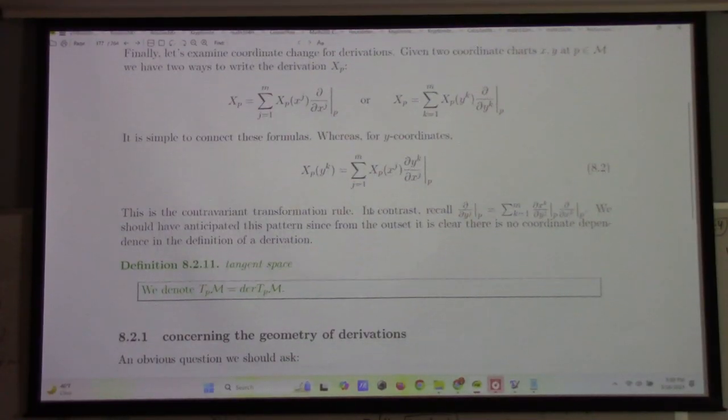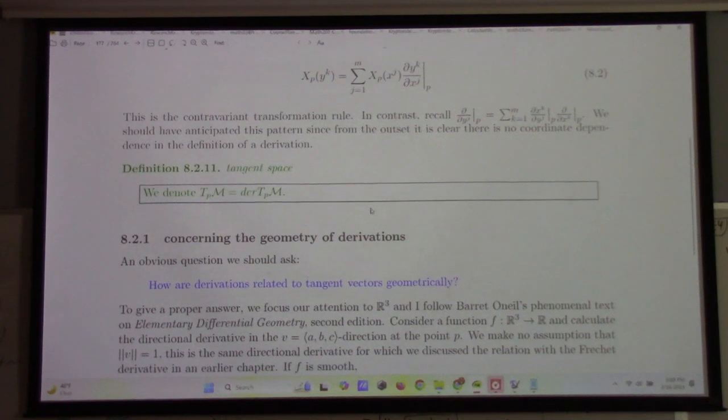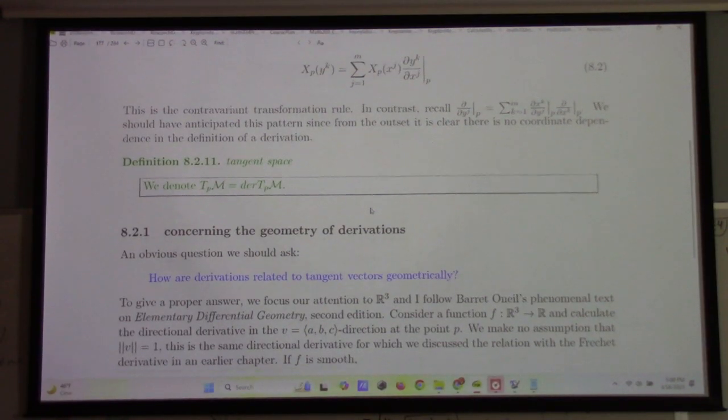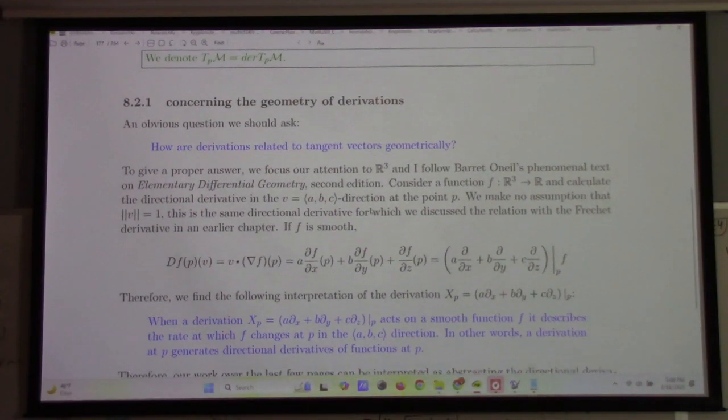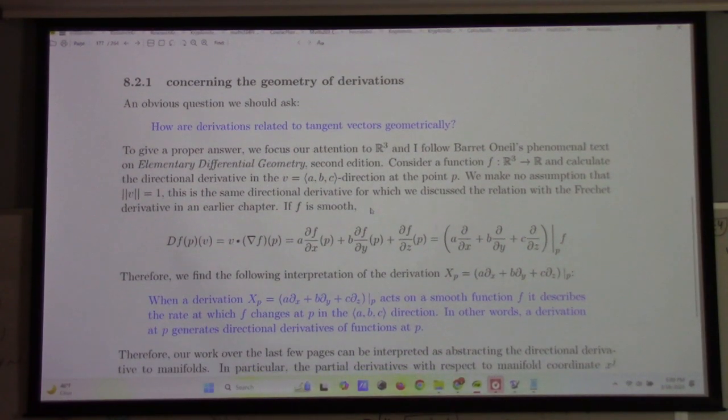While we're doing all this, I should really talk to you a little more about why this makes sense geometrically. How are derivations related to tangent vectors geometrically? This discussion is due to Barrett O'Neill, who has a phenomenal text called Elementary Differential Geometry.